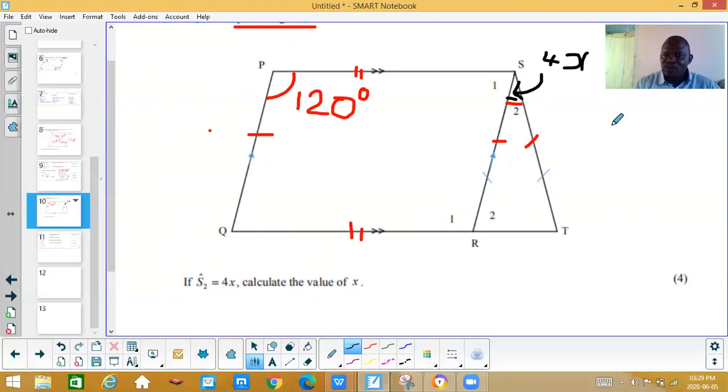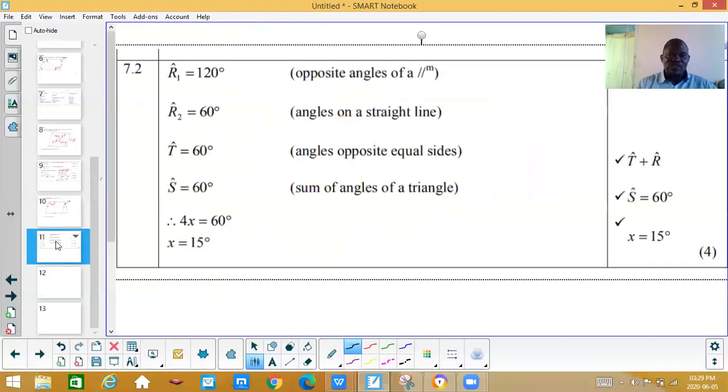Here we've inserted the information that we're given, and then we want to use it.